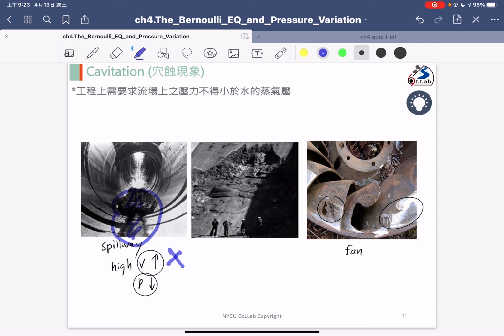Okay? So that's the idea. So let's write down some sentences. The pressure cannot be lower than vapor pressure. If it is lower than vapor pressure, we will have a gas bubble. And this is what we call cavitation.